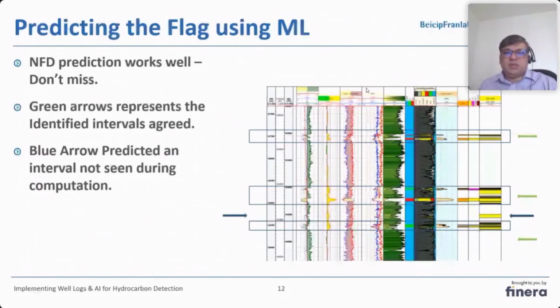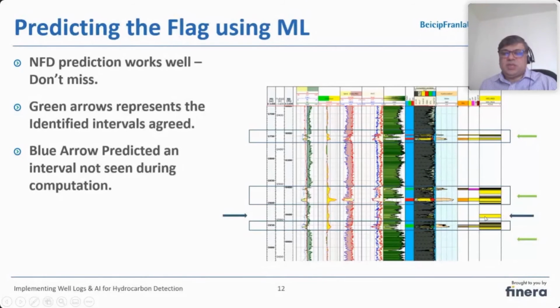Let's look at the second well, with the same logs. You may notice that these green arrows show predictions by the machine learning that are the same as those done manually.